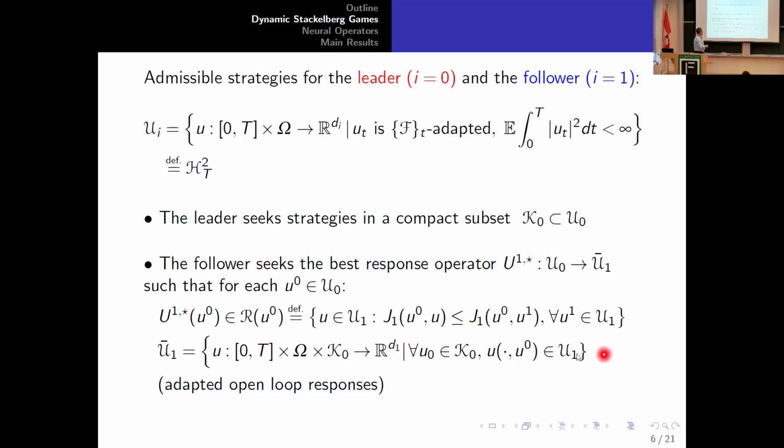Particularly, we have some further assumptions on the follower's strategy space: for each given strategy of the leader, the follower's strategy is adapted open loop, depending only on time. And for each U0, for the follower.